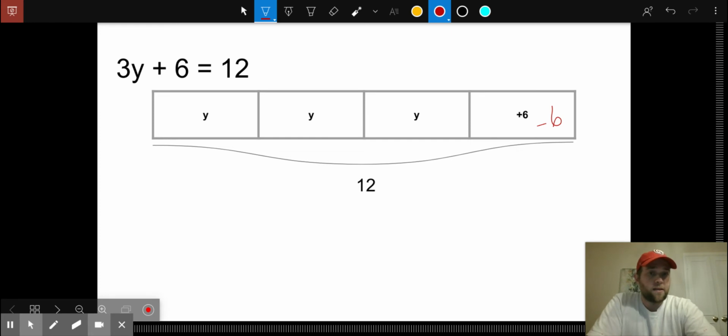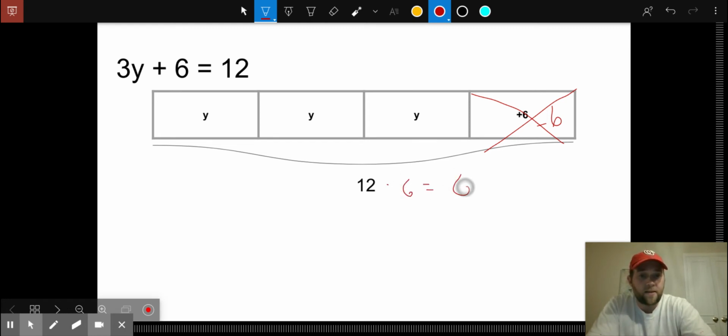Plus 6 minus 6, that's easy. That cancels out. Now you have to keep in mind this whole thing is equal to 12. So if we take 6 away from our tape diagram, that means we also have to take 6 away from our total, which means our total is now 6.